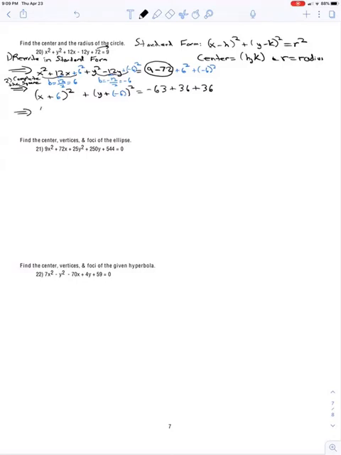So x plus 6, I'm going to go ahead and put in standard form x minus negative 6. So there's your x coordinate for the center point, negative 6. X minus 8 squared. And of course, y plus negative 6, same as y minus 6. So 6 is going to be our y coordinate. There's our value k. And as we add these up, right, negative 63 plus 72, we get a 9. Right, so there's our standard form.